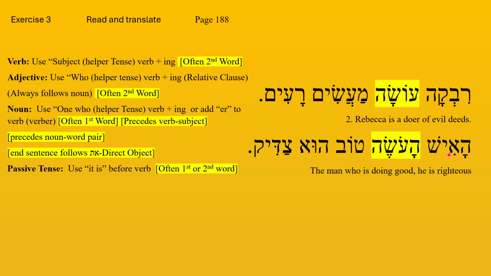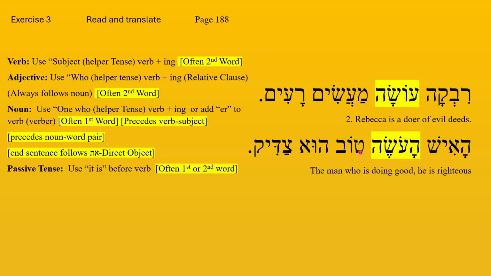The man, but this eliminates it as the verb. So it's going to be something that is an adjective identifying who the man is. The man, so adjective, who, helper tense, verbing. So the man who is doing good.